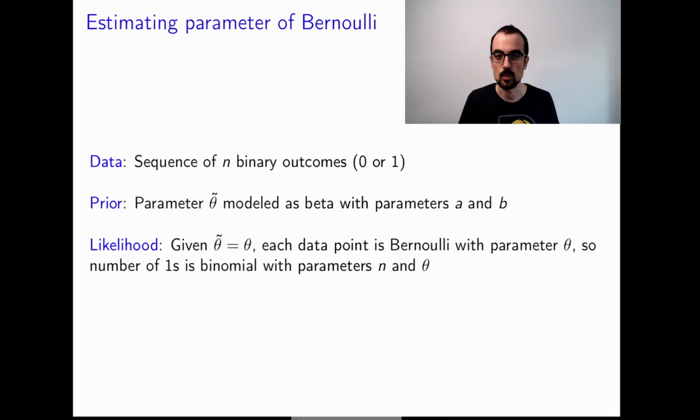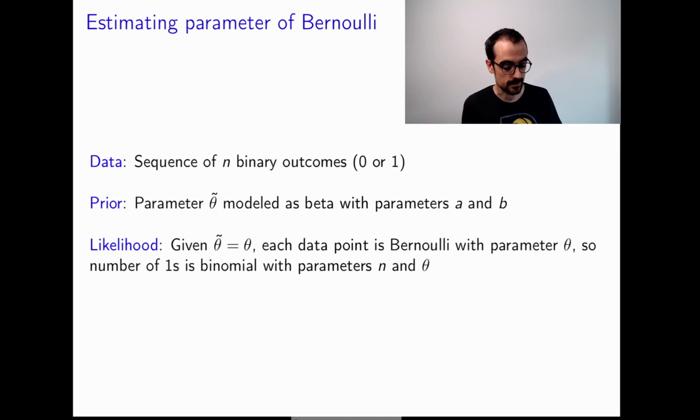Let's make sure we understand what we have just proved. If we have a sequence of n binary outcomes, 0 or 1, it could be that each voter votes for a candidate or not in an election. That's what I meant by the sequence of binary outcomes.